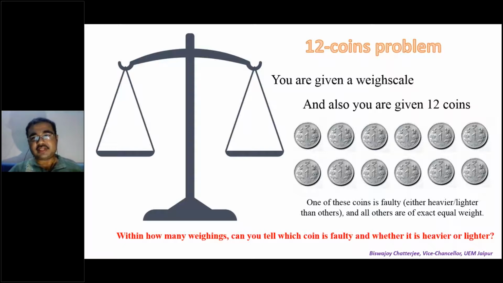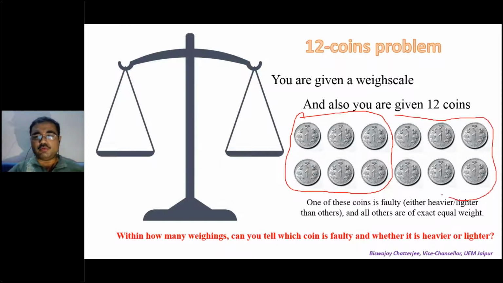See, suppose you divide the coins into two groups of 6, that is half. 6 in one group and 6 in the other group. Then suppose you measure the first 6 on the weigh scale, dividing it again into 3 and 3.